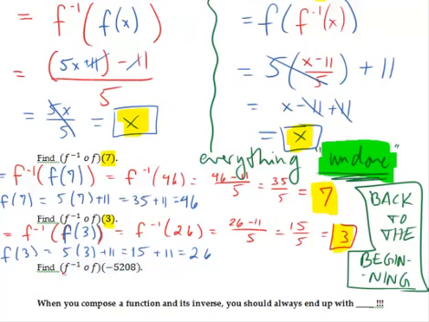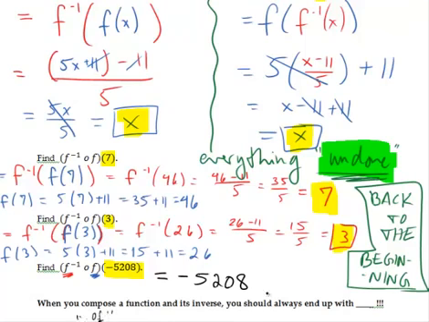We see that we have the inverse, and we see that we have the original. And so we go, I know that when I combine inverses with original, I'm just going to end up with that same number. So we can skip and say negative 5208.